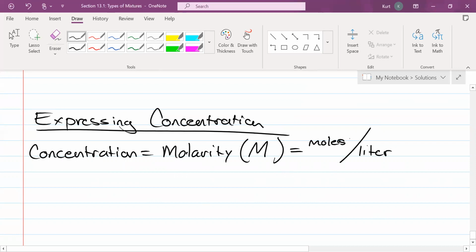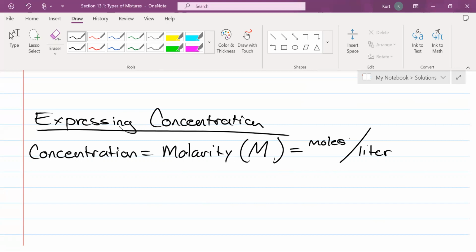Now, I want you to notice that moles is plural. This is one of those little tiny things that can go a long way. Moles is plural. Liter is singular. If I'm going 55 miles an hour, how many miles do I cover in 1 hour? I'm going 55 miles per hour.